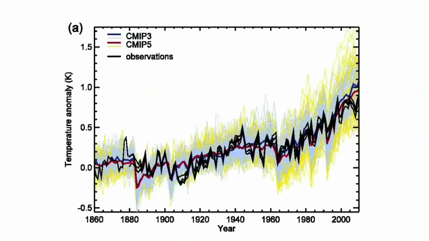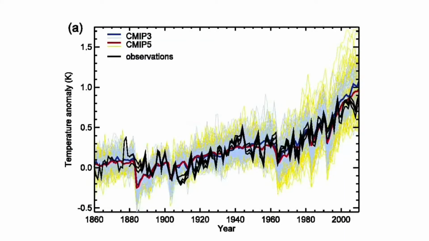Here is the graph. This is the graph that shows global temperature, not just of the Earth's surface, over the last century. Basically, from about 1880 to 2010. You will see that there are 2 episodes of warming reported.